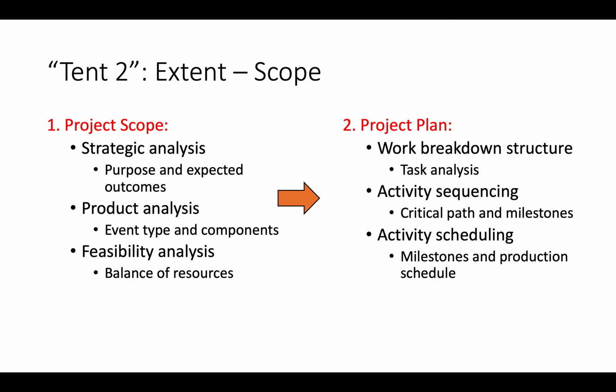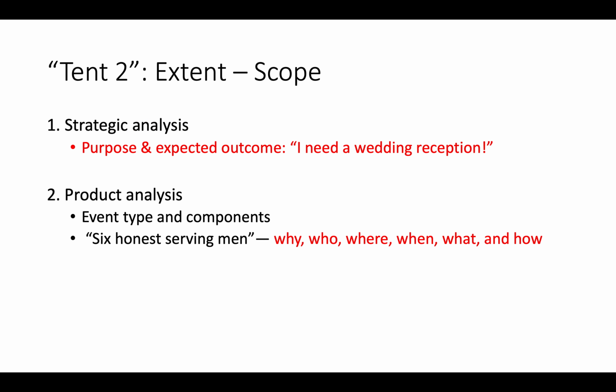So first, when we are trying to do the event project management, we need to understand the scope. First, we will need to set up the strategic analysis to understand the purpose of expected outcomes. After Tent 1, we understand the purpose of the event.